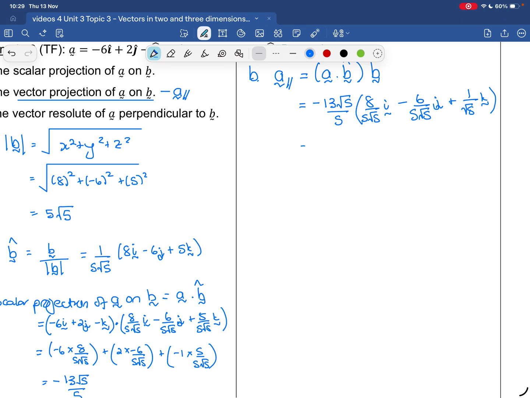And I can simplify that down to negative 104 over 25 i plus 78 over 25 j minus 13 over 5 k. All right, now to find my perpendicular resolute or projection, that's going to be my A perpendicular.